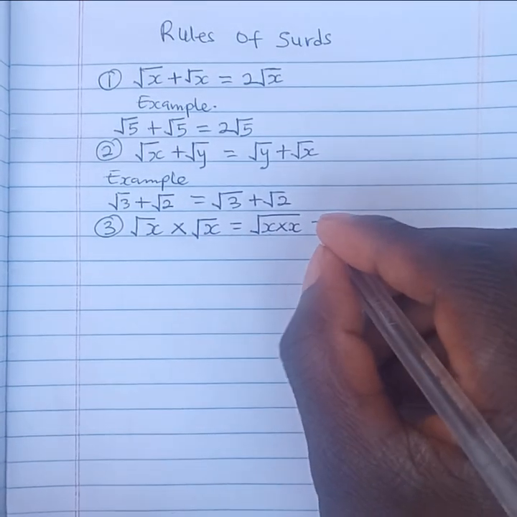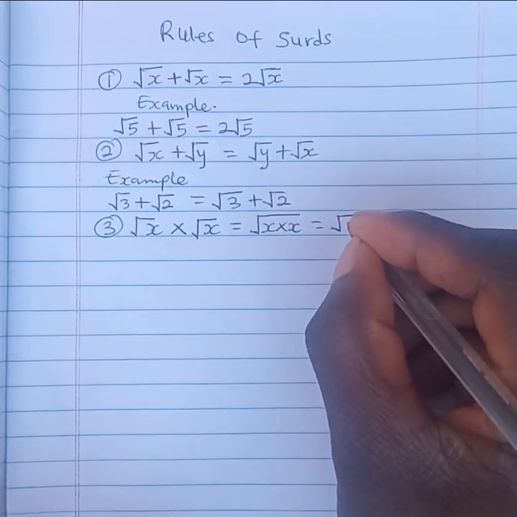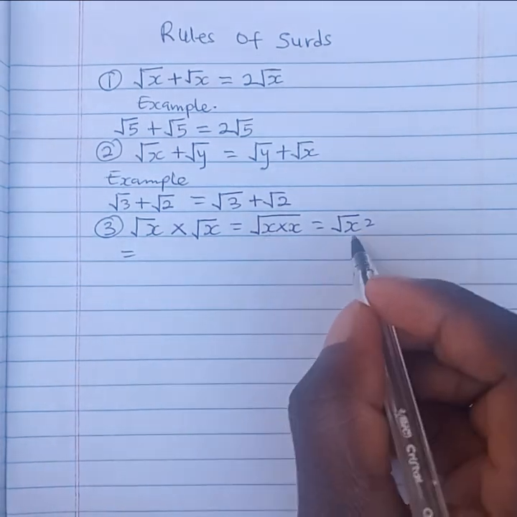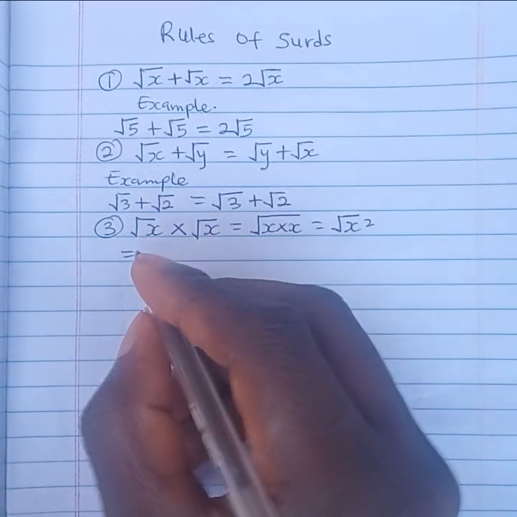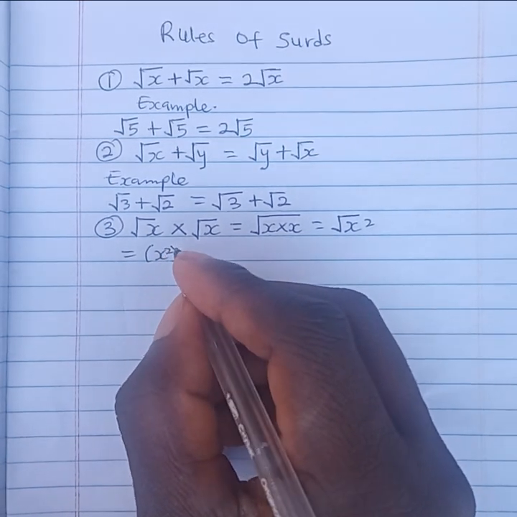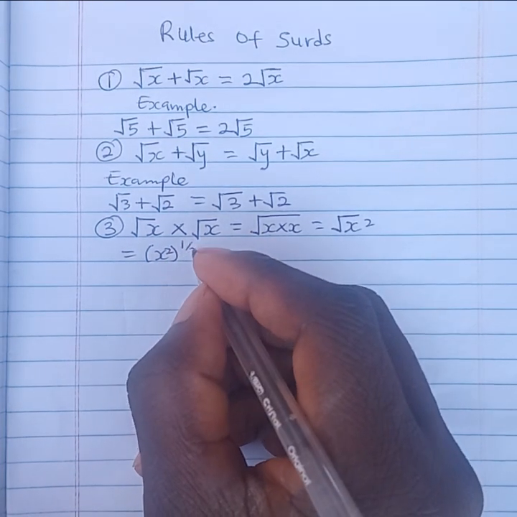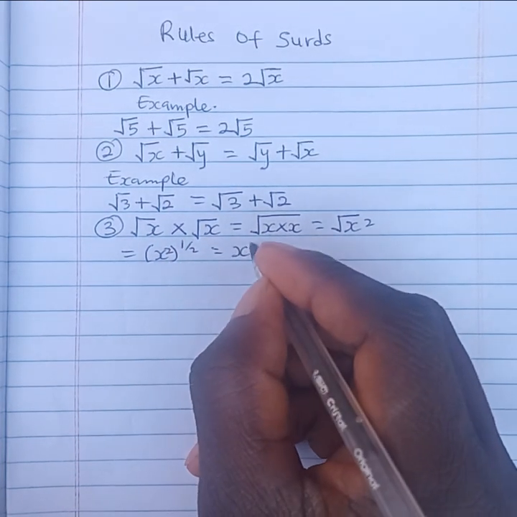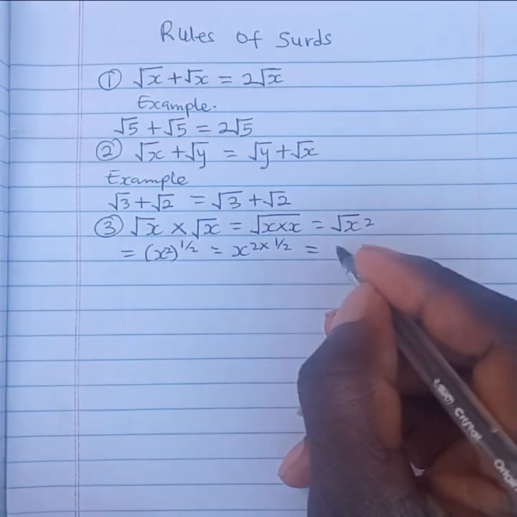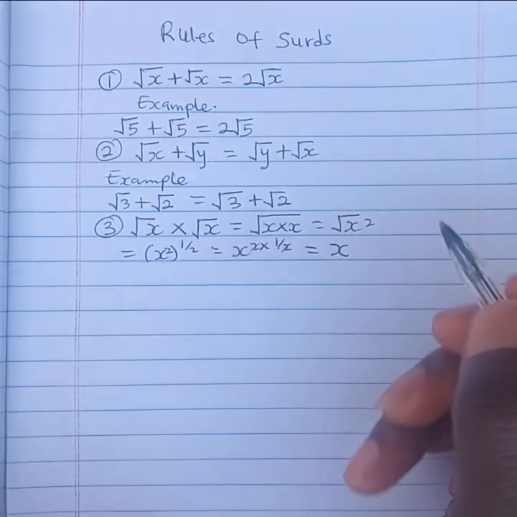You multiply to get x times x, which will give you x squared. We know that the square root is the power of a half, so x squared to the power of a half will give us x, as this one will cancel this.